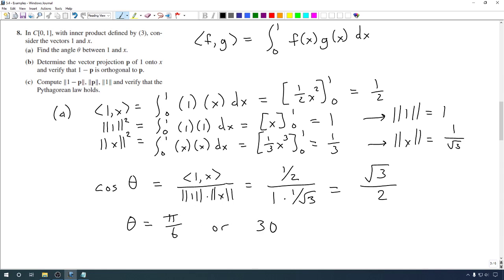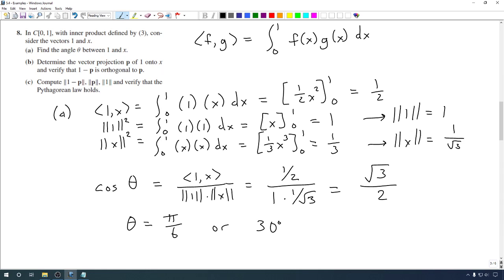Or, if we're using degrees, we can say it's 30 degrees. So that's the angle between 1 and x in this vector space. If we use a different inner product, we'd get a different result. But this is the one that we got for this inner product on this vector space.